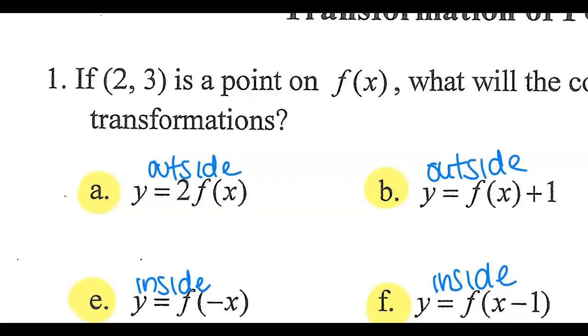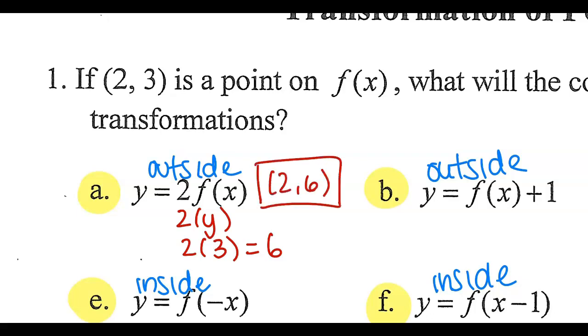Even though I have two coordinates, I'm only going to change the y value, because this 2 represents a change in your y. So we're going to have 2 times our y value, and that y value in this case is 3. So my new y value becomes 6. We write our new coordinate as (2, 6).